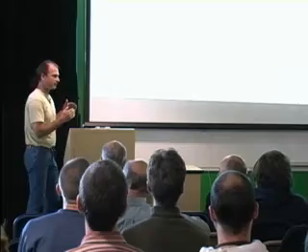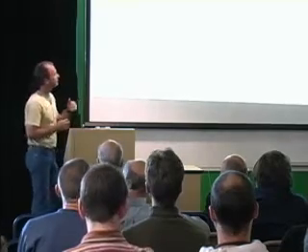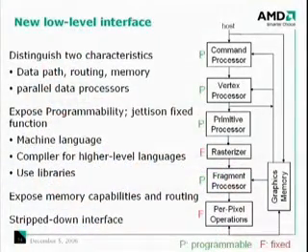So you can essentially program it to say how it's supposed to fetch its data, or what the format is. The idea is I want to distinguish two things here. We've got a data path, the routing of the data, and then we have these parallel data processors, and we have some fixed function stuff that's always going to happen as well.